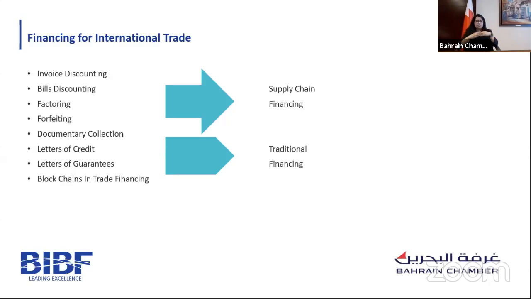But if you do not want any of this, or sometimes a scenario happens, for example, if you are trading with Chinese customers, they will tell you that they would like to have a letter of credit. So you have to go for letters of credit.